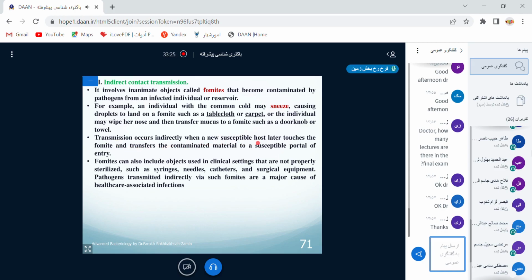Transmission occurs indirectly when a new susceptible host later touches the fomite and transfers the contaminated material to a susceptible portal of entry.